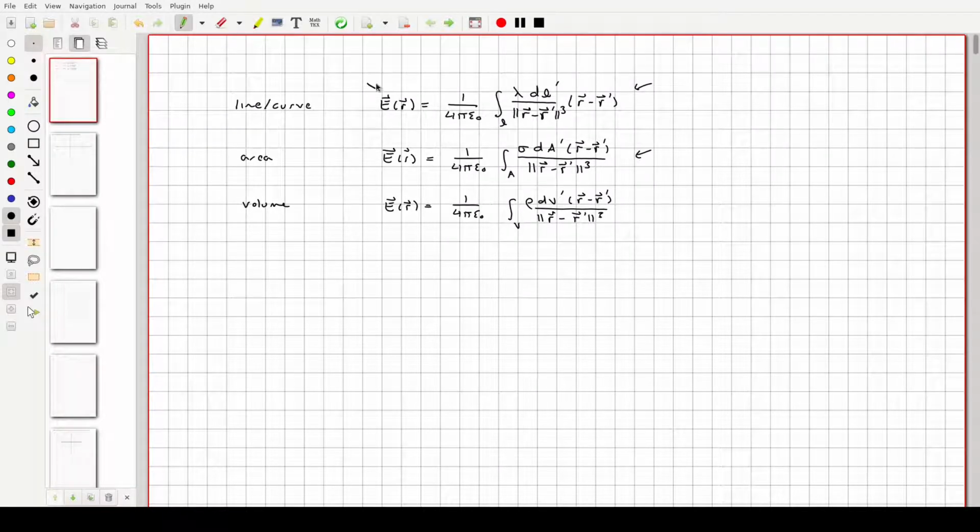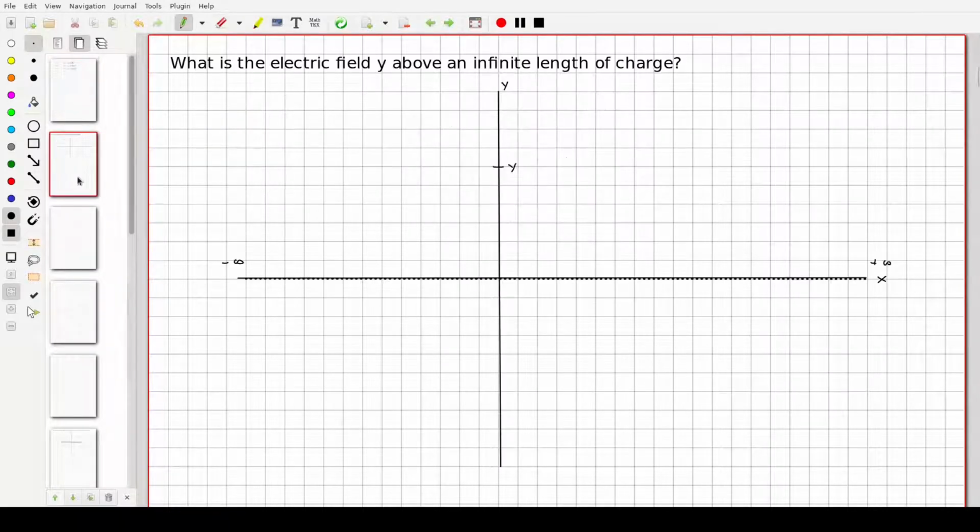We should use this equation right here to calculate whatever the electric field would be at this point right here. Oh, that should be dl prime. Sorry about that.